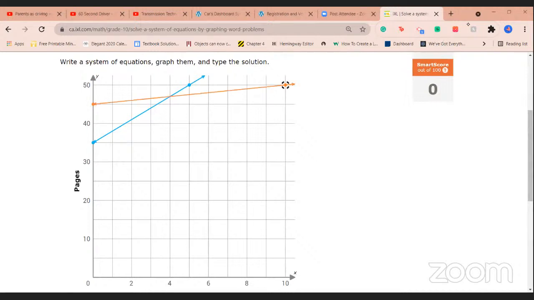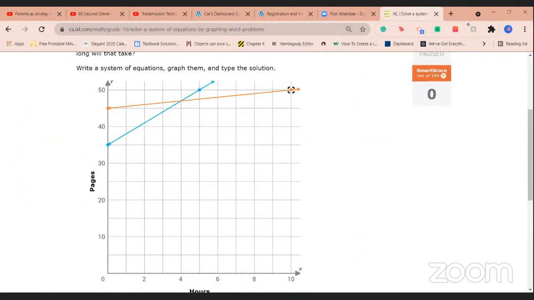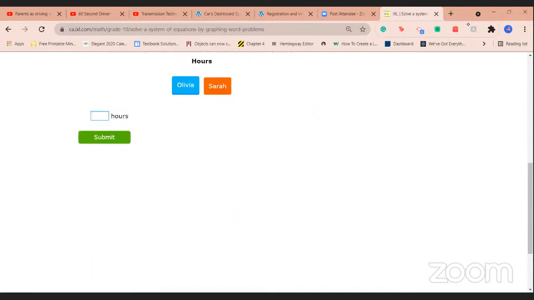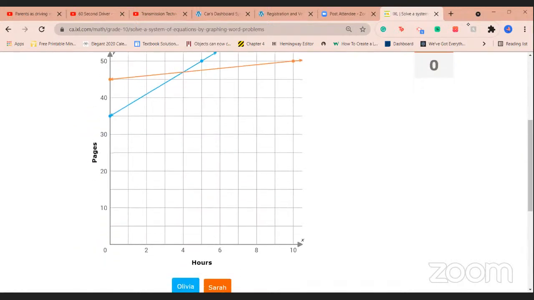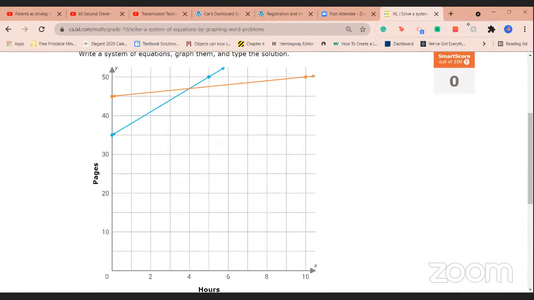Okay, so what's our point of intersection? How many hours until they both have the same number of pages?